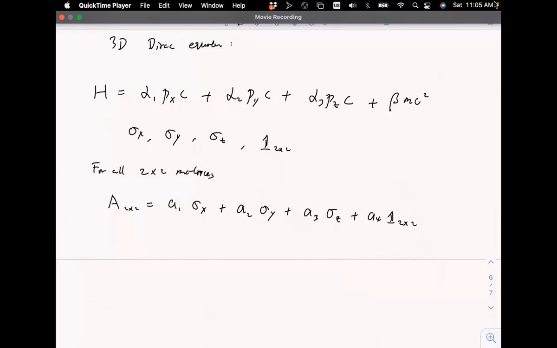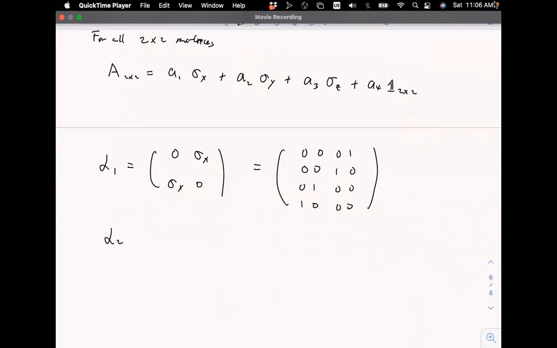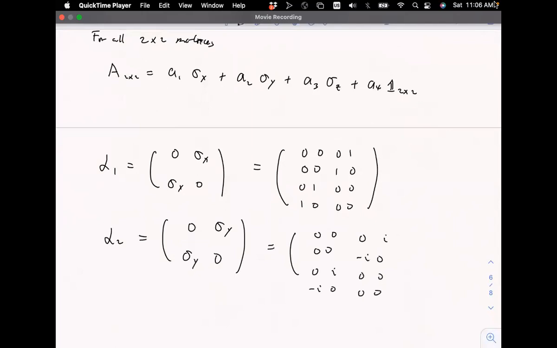So let me quickly write the answer. In this case, these are the matrices Dirac found. For alpha x, basically you take the Pauli matrices and put them in the off-diagonal positions.